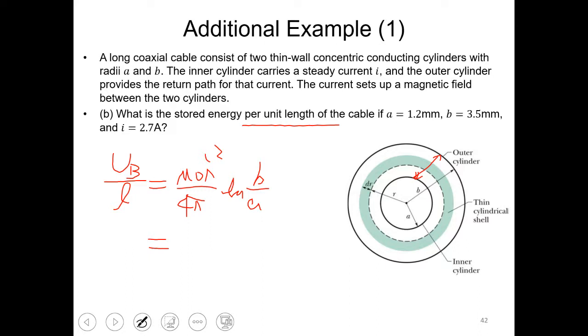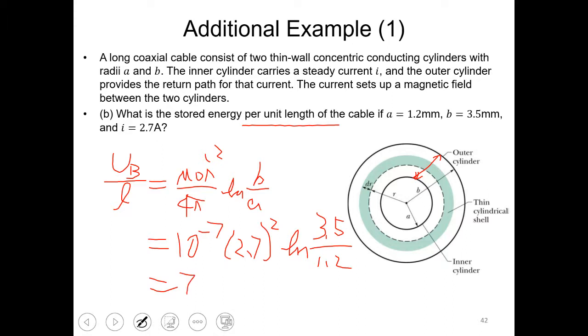So mu 0 is 4 pi times 10 to minus 7, so the 4 pi can be cancelled. So it's only 10 to minus 7. I is 2.7 ampere. And ln 3.5 over 1.2. So the answer is 7.8 times 10 to minus 7 joule per meter.